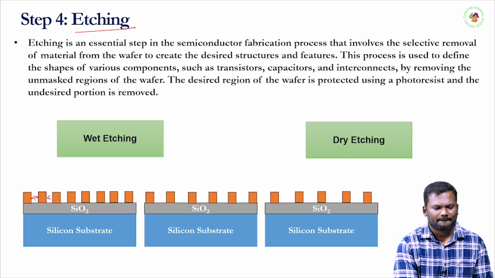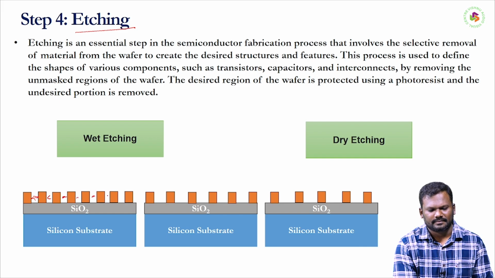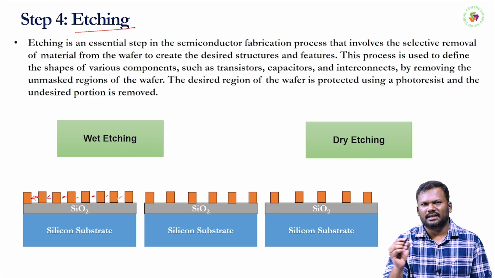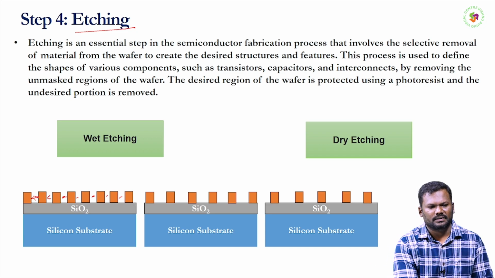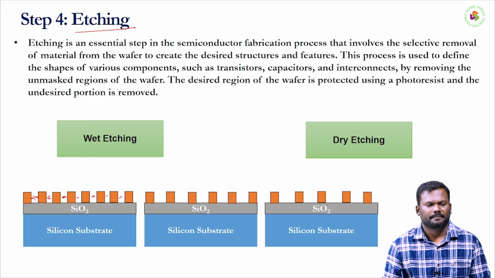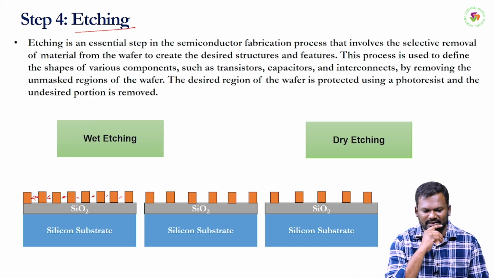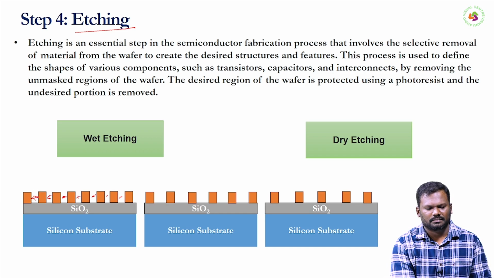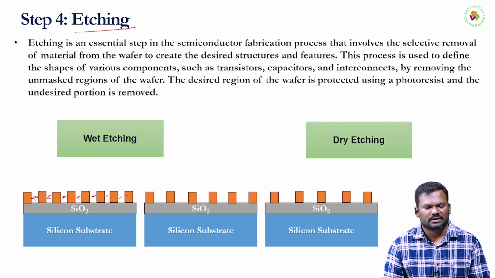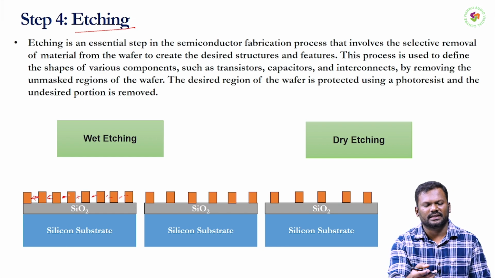If you see here, the light falls on these particular places, then by using etchants, which are different chemicals, the photoresist is removed. These are the gaps where you have removed your photoresist, or you can say the places where the light particularly fell, and you have removed this by using the etchants.